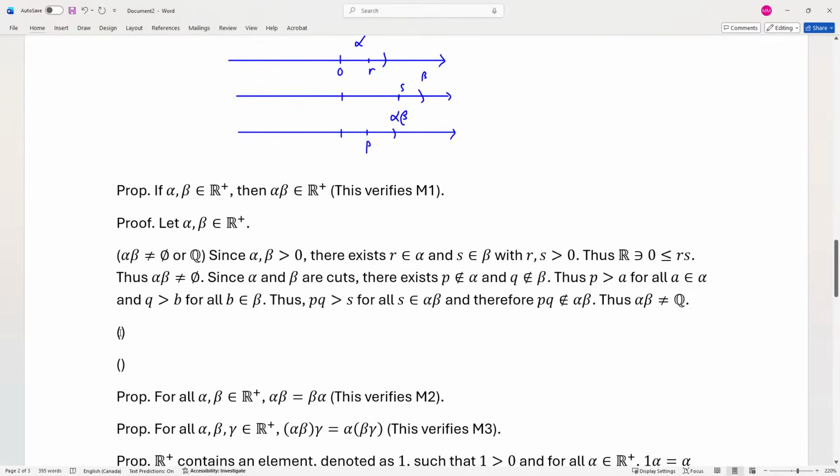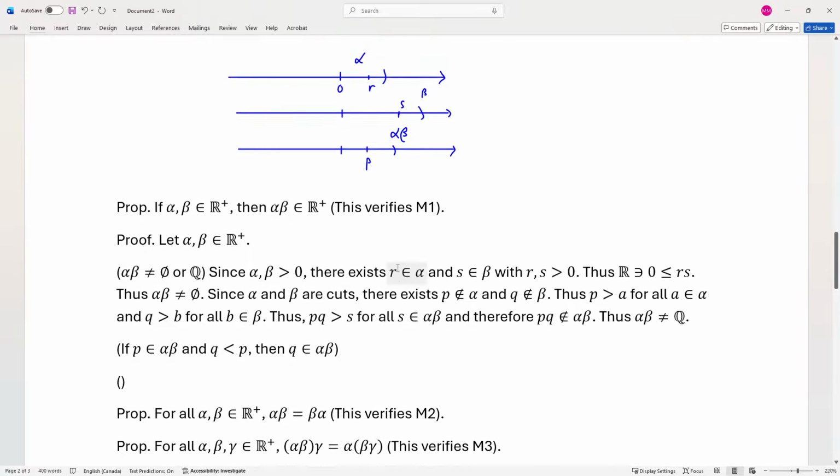The next property we need to show is that if P is in alpha times beta, then everything to the left of P is in alpha times beta as well. So if P is in alpha times beta and Q is less than P, then Q is in the set alpha times beta.